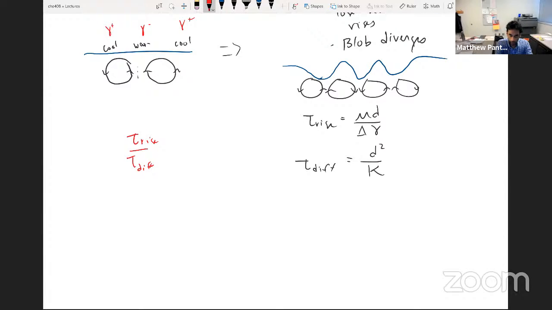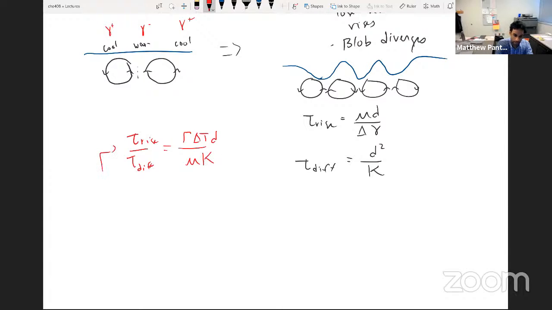And since we have a model for delta gamma in terms of capital gamma, you'll find that this ends up being that capital gamma parameter from the model we derived before for the temperature dependence of surface tension, times the difference in temperature in the system times d, over mu times the thermal diffusivity.